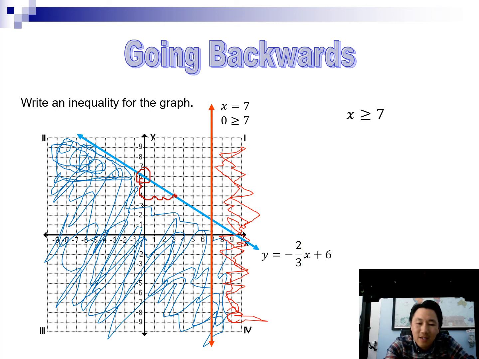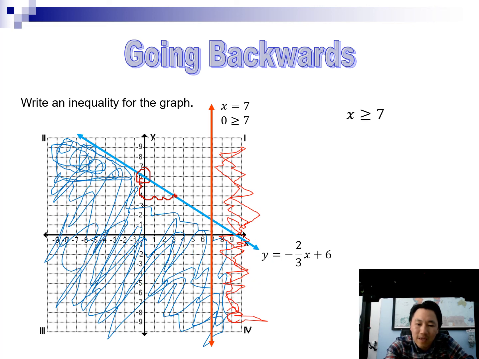But again, there's shading involved. So when there's shading involved, we have to change this equal sign to an inequality. Let's test 0, 0. Here's 0, 0. We want 0, 0 to be true in this case because notice the shading is on 0, 0. So we want our inequality to be true.